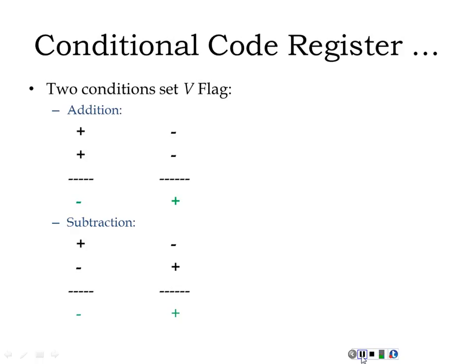In case of subtraction, let's say you are subtracting and both of the numbers have different sign. So basically one number is positive and the other number is negative.